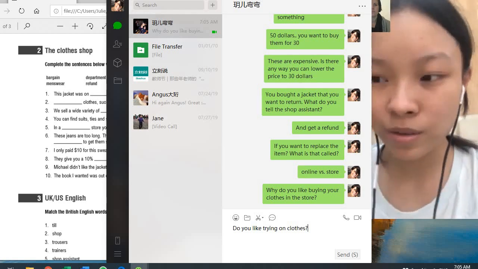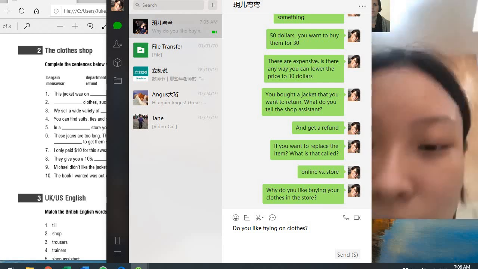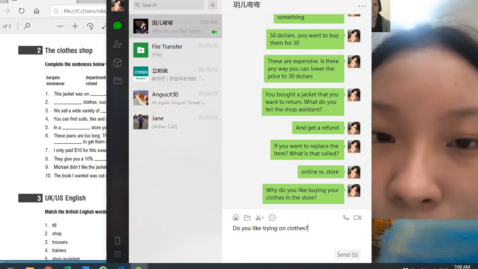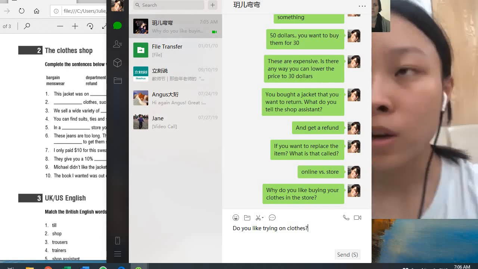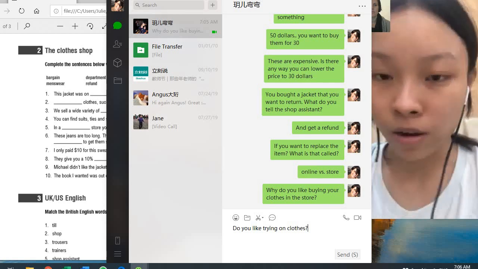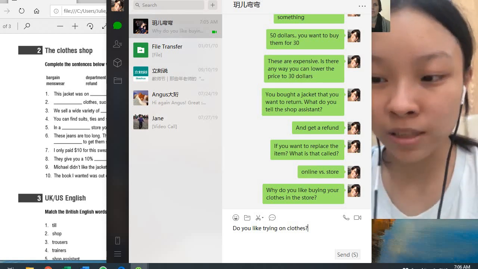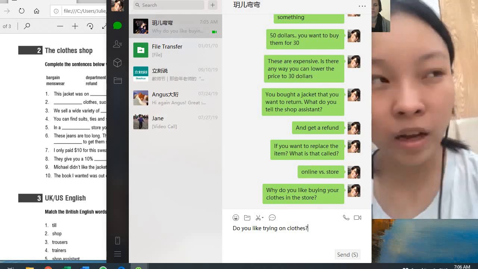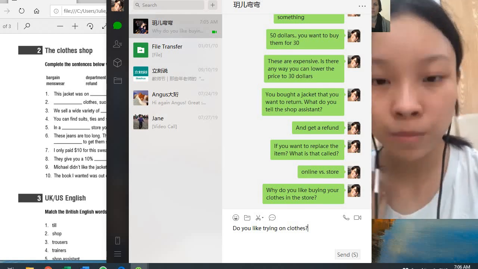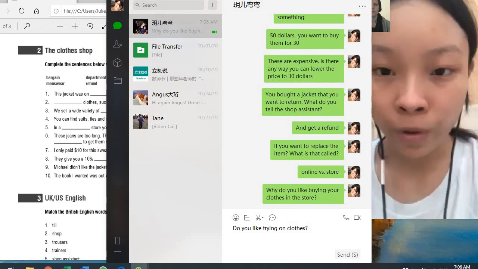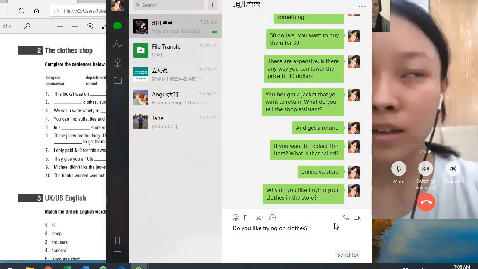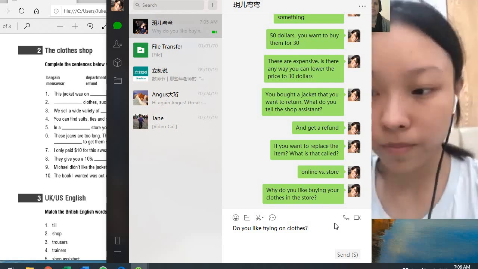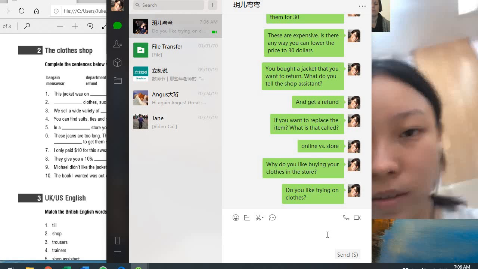Sometimes the size is not standard. So I prefer to try it in the store and really wear it and look at it to see if it fits me. Do you like trying on clothes?